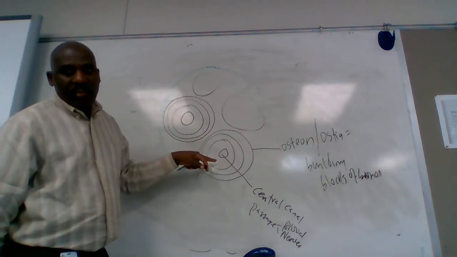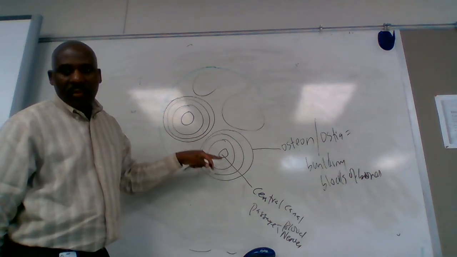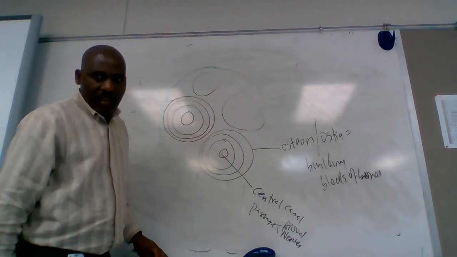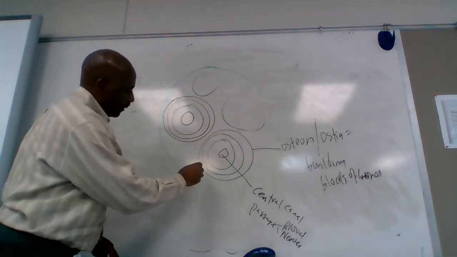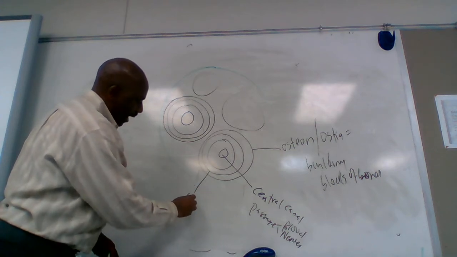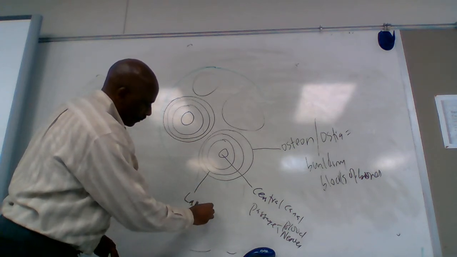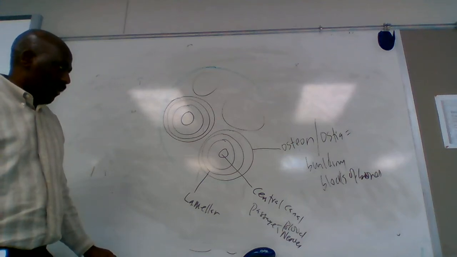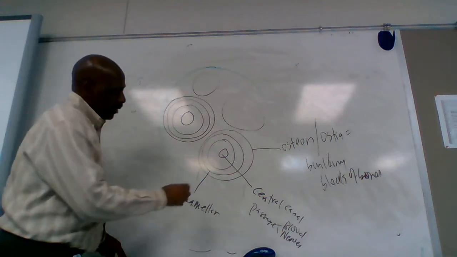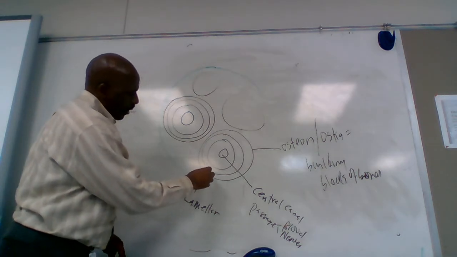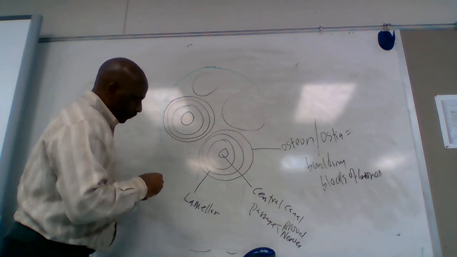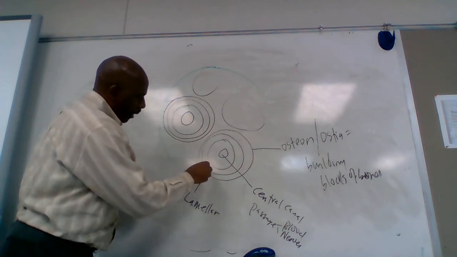The specific name for these rings is lamellae. One is called a lamella. So this is one lamella over here.